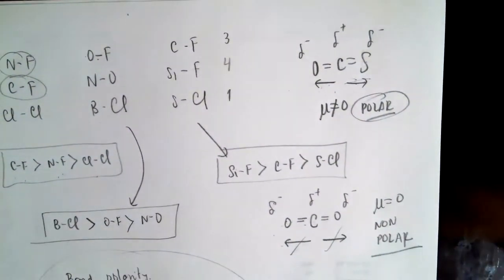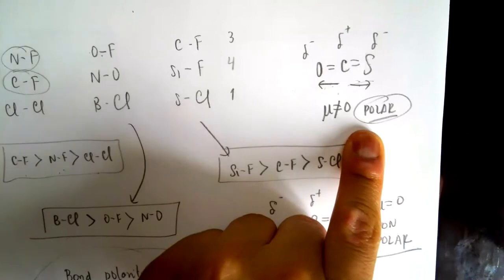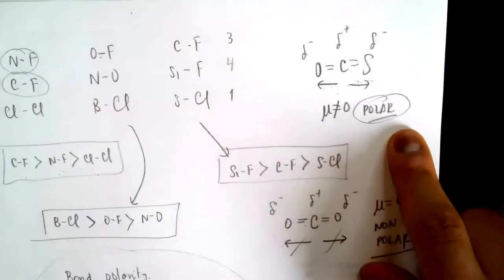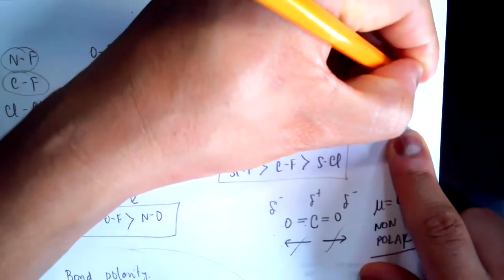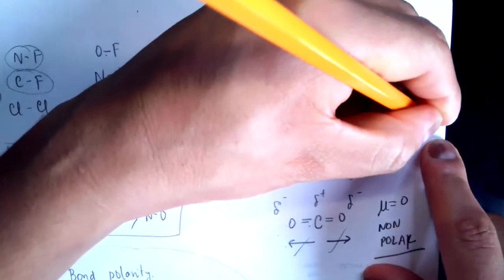Of course, there are some other rankings, because it's not day and night, polar or non-polar. You can have a molecule that is slightly polar, something that has medium polarity and also strongly polar. Those details of polarity are studied more in depth in organic chemistry. For the ones taking organic chemistry 1, definitely we will go over that polarity. So you have slight polarity, medium polarity and high polarity.